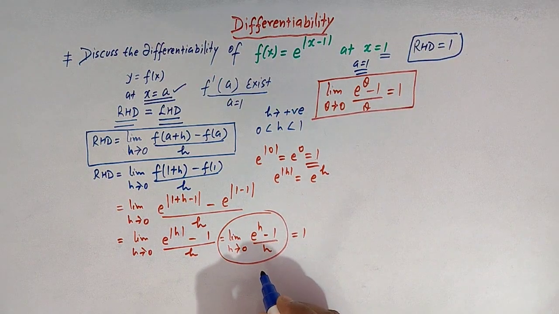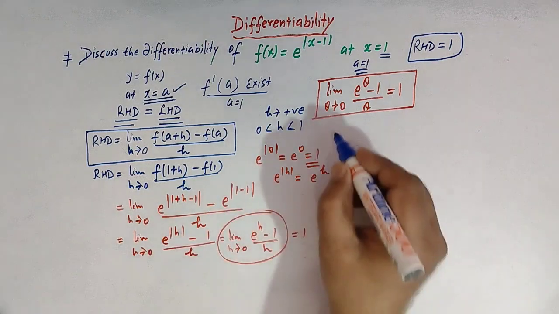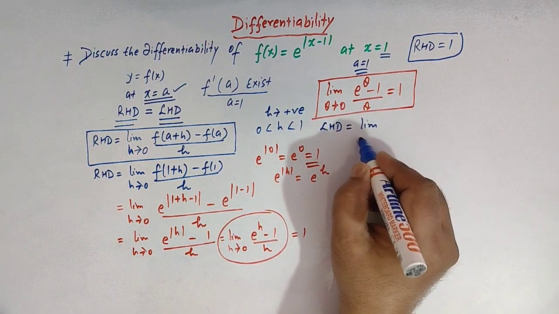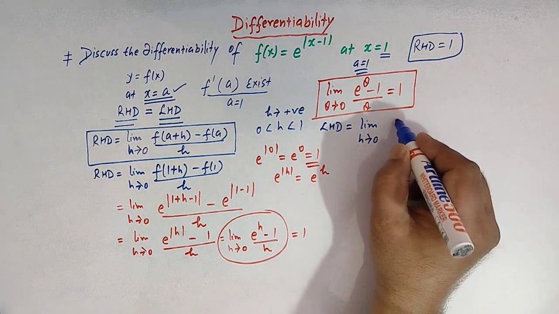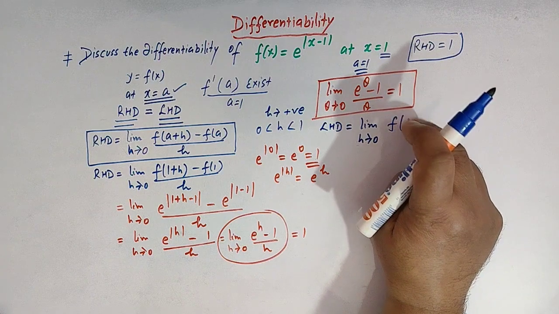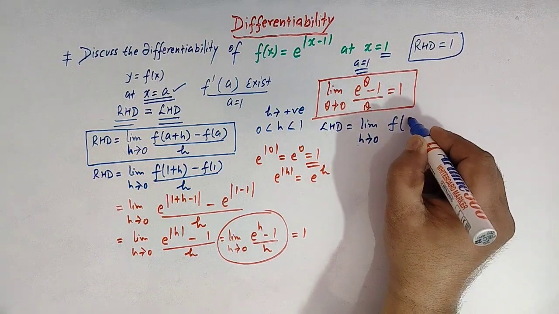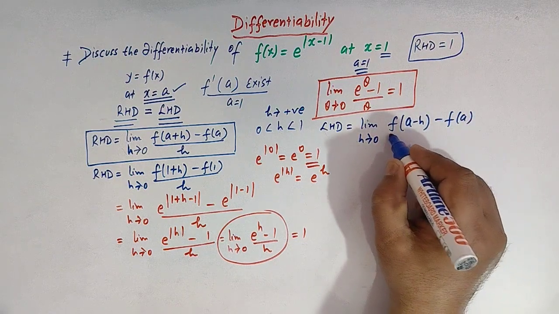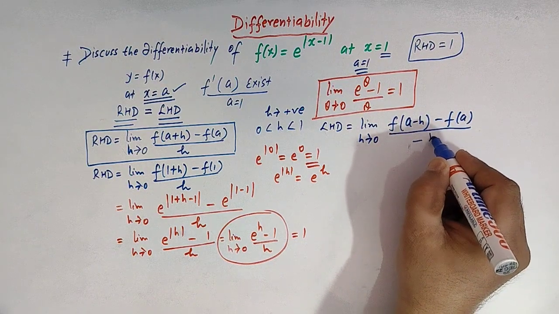Okay, now let us find the left hand derivative. The left hand derivative is defined by this limit: the limit as h tends to 0 of f of a minus h minus f of a divided by negative of h.